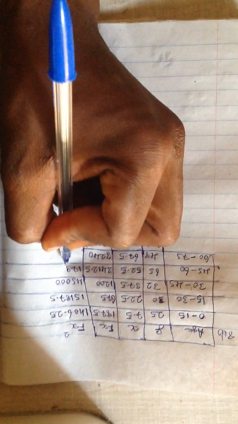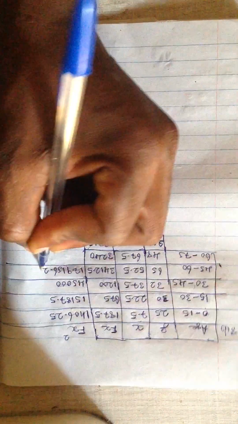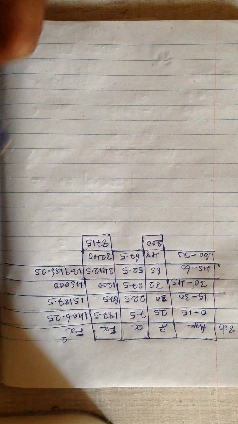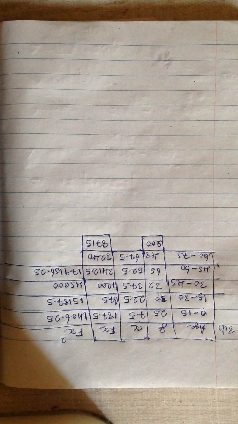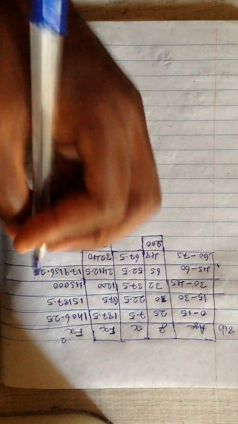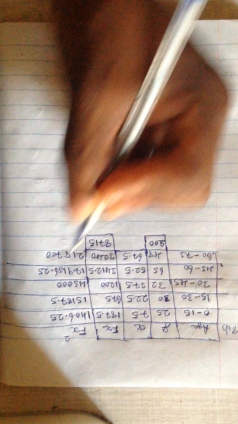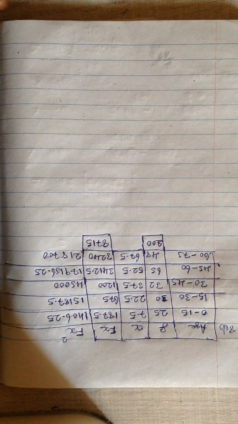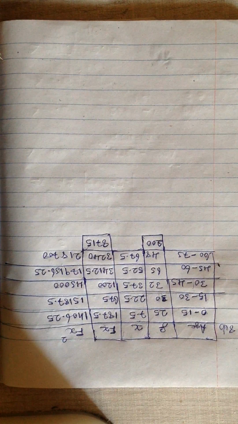I'm getting 179156.25. We go to 67.5 squared, I multiply by 48. I'm getting 218,700. Okay, so these are the figures.